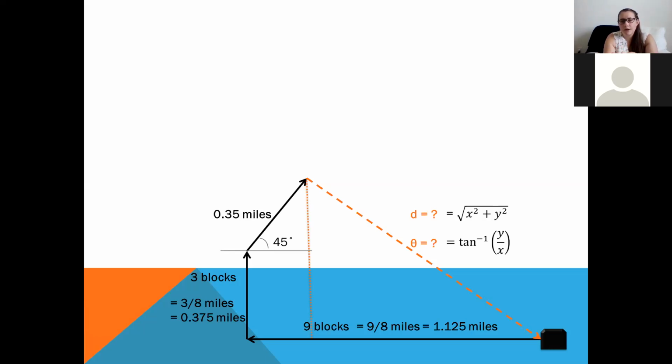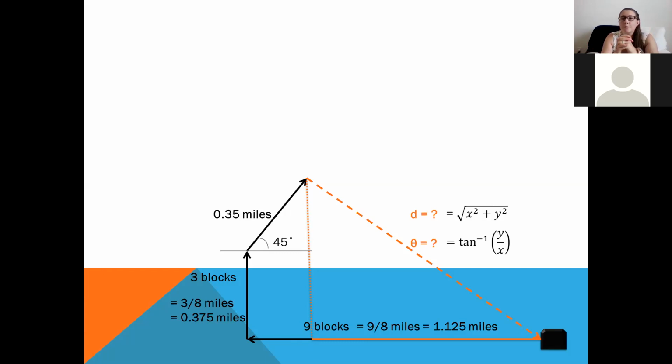We can break down our picture into a giant right triangle. The hypotenuse of the triangle is our displacement vector, how far he is away from home. So if we drop a straight vertical line down onto the x-axis and then go across the x-axis from there, we've just created this giant right triangle.